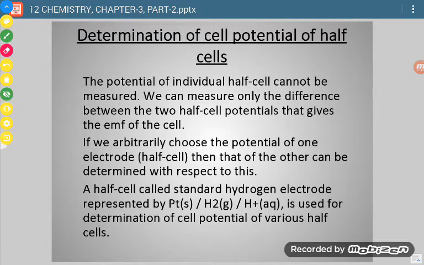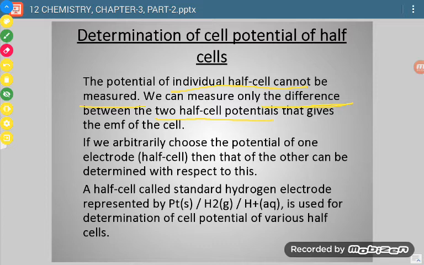Now see, we know that for any individual half cell, we cannot determine the potential alone. Means if we have just a single half cell, then we cannot determine its electrode potential. But how can we determine? We can determine if we take two half cells, then their difference in potential can be determined.